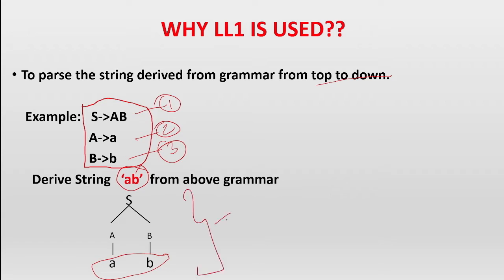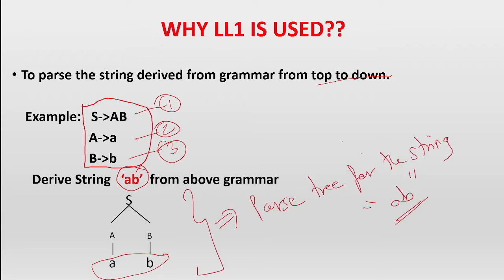This is called the parse tree for the string ab. Whatever is given in small case letters becomes your string, like a, b, c, d, e. All the terminals when combined together are called a string. So ab is one string, then cd is another string, then ef is another string. Whatever terminals come in small case letters are all considered strings.